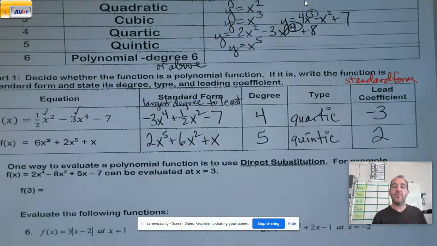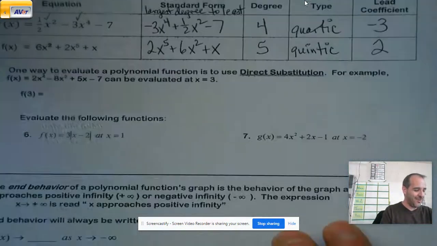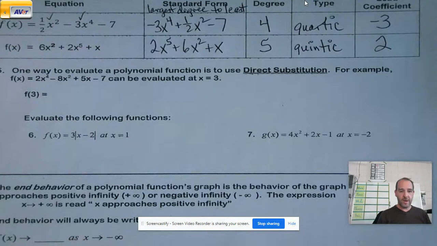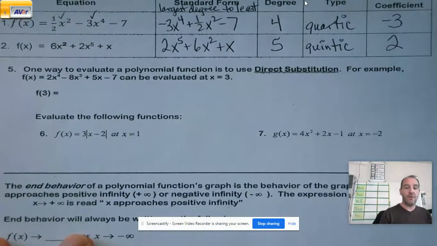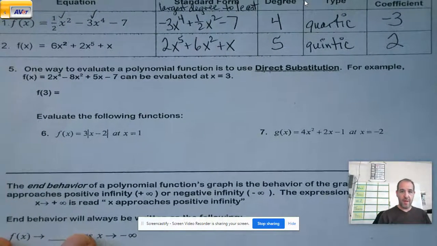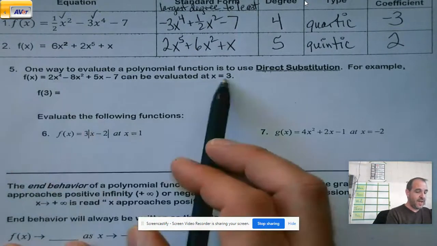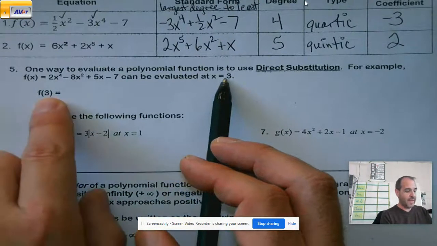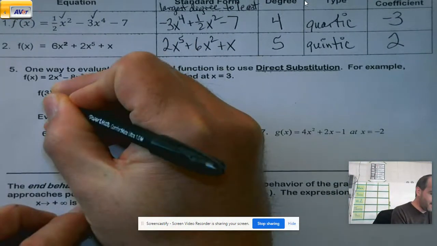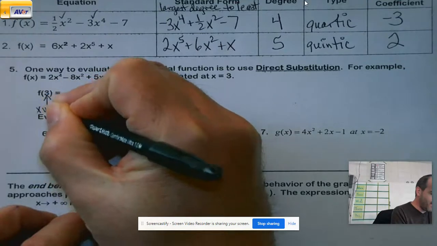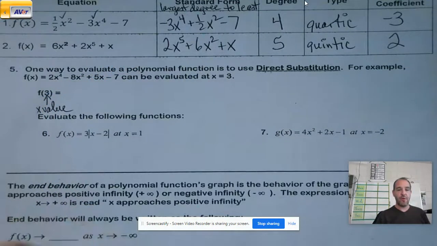So when I'm talking about things, you know actually what I'm talking about, which is important any time you're trying to communicate. Another way we can evaluate, solve, answer a polynomial is to use direct substitution. And it really is as simple as solve this when it's evaluated at x equals 3. Okay, that is just the x value that I'm subbing in, whatever number's in the parentheses.